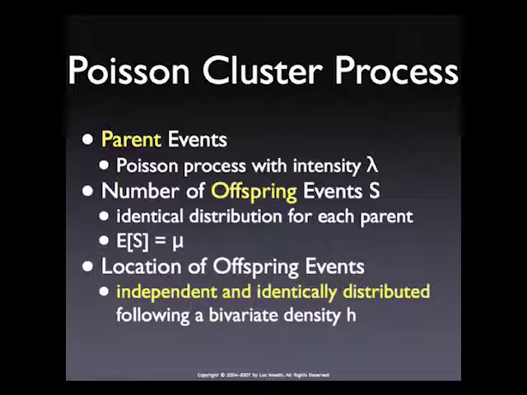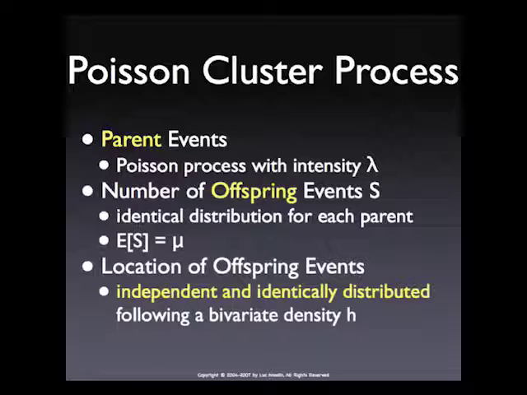Then you have to think about how many offspring there will be per parent. And in this particular process, we keep that identical. So again, there's a distribution there, and that distribution could be another Poisson, or it could be something else, could be uniform, but they all have the same mean.